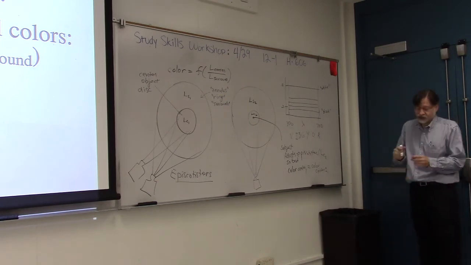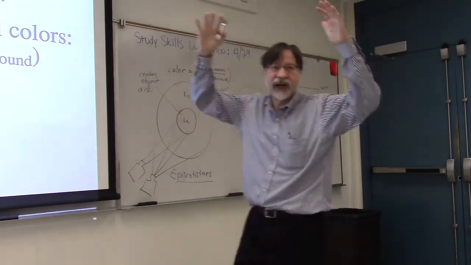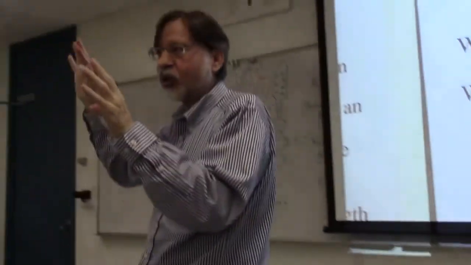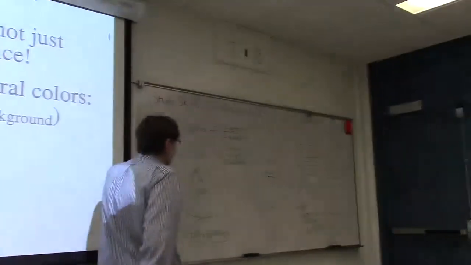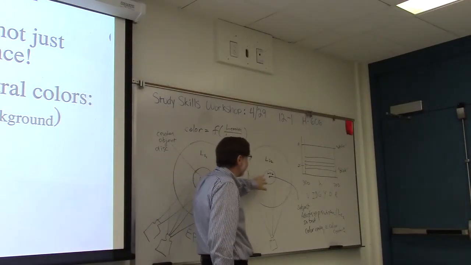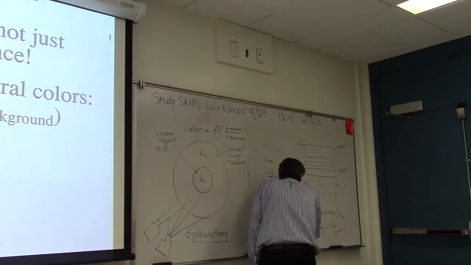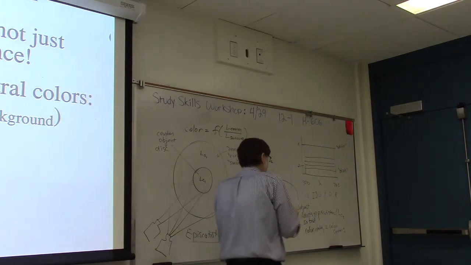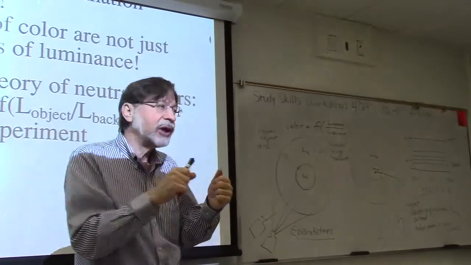Everybody got the task? So he's able to manipulate, he has large backgrounds and large centers, and he adjusts 3 of them, 3 independent variables. The background on the left, the center on the left, the background on the right, and the subject gets to adjust this projector over here that lights up the center disk so the colors will match. So he's able to make the colors match.